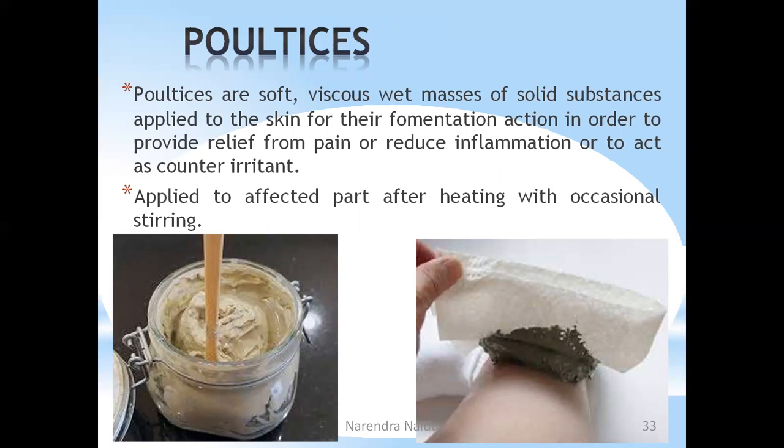When somewhere on your skin, because of some wound or injury, some swelling occurs, then you apply these poultices. When you apply this poultice, the inflammation can be reduced. This can be applied to the affected part after heating with occasional stirring. So you have to heat it and stir it, and then apply it onto that part. So that is why these are called poultices.